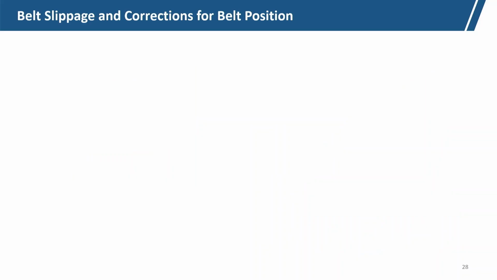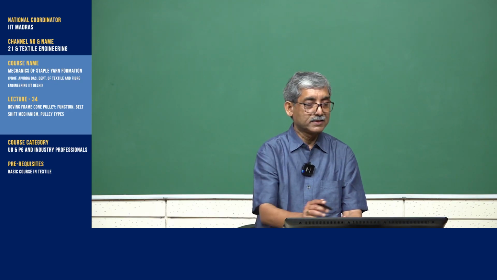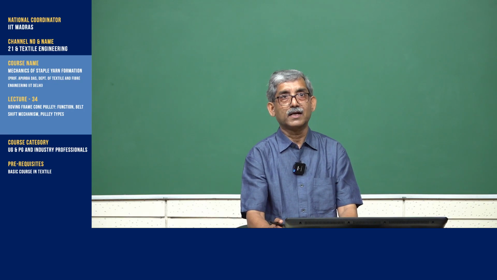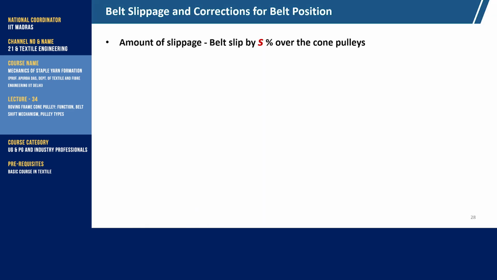Now, for calculating the belt shift, the correction for belt slippage can be done. So, the amount of slippage, the belt slip, let us say it is S% over the cone pulley.